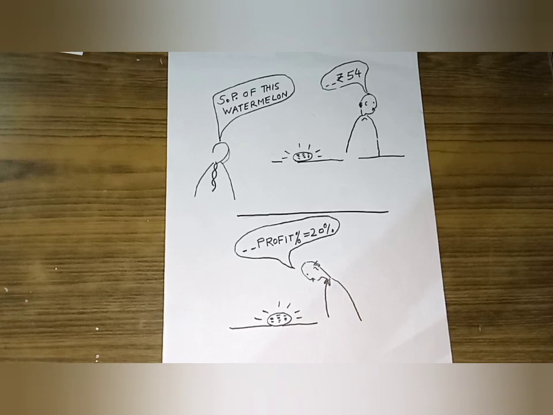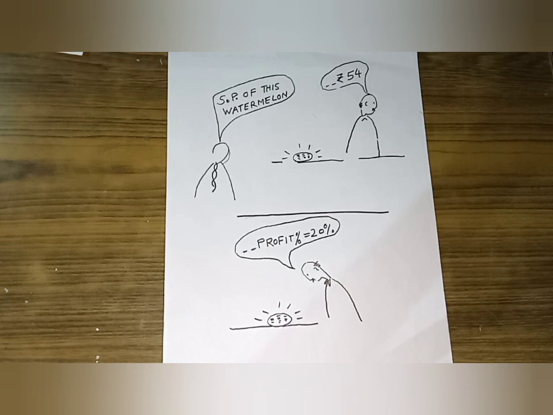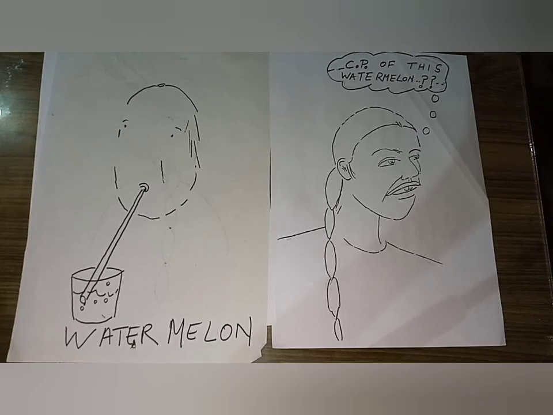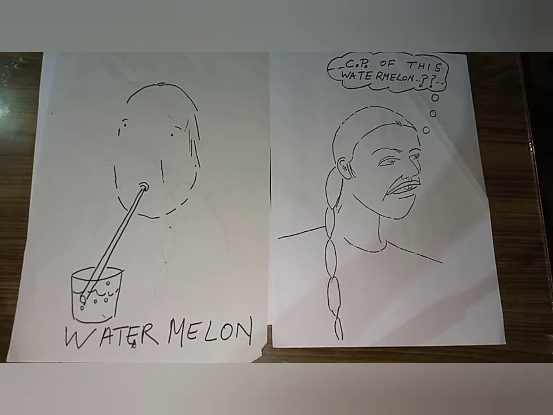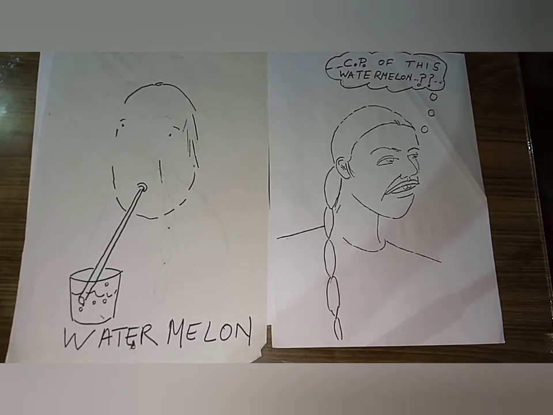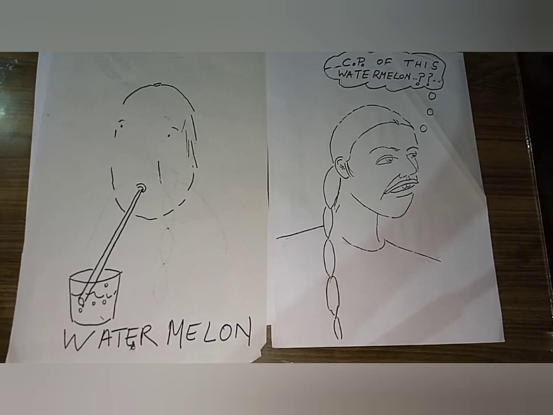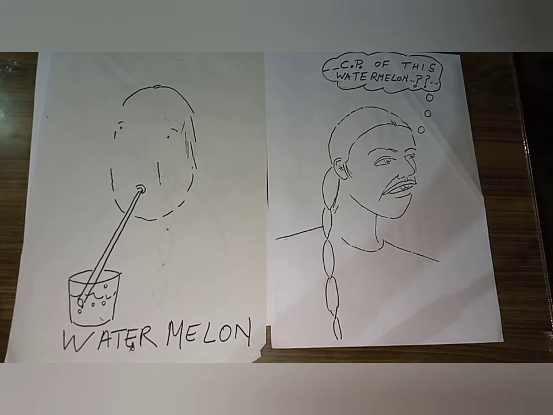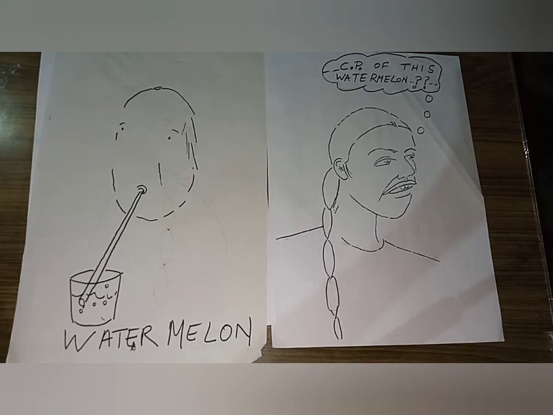Retailer also adds, see, my profit percent is 20%. What is the CP of this watermelon? How to find CP here?